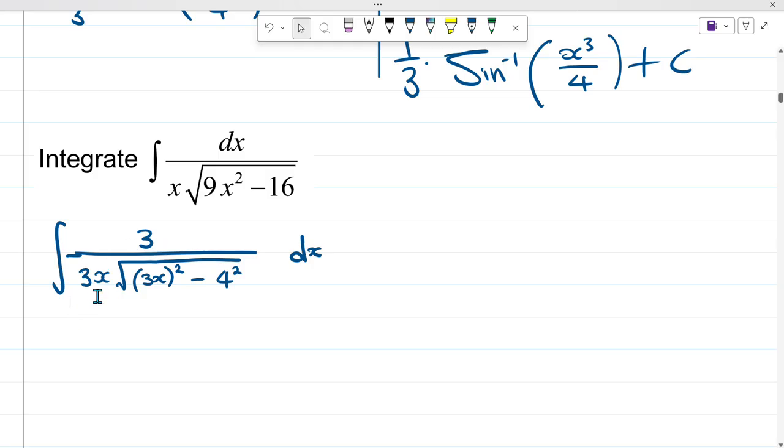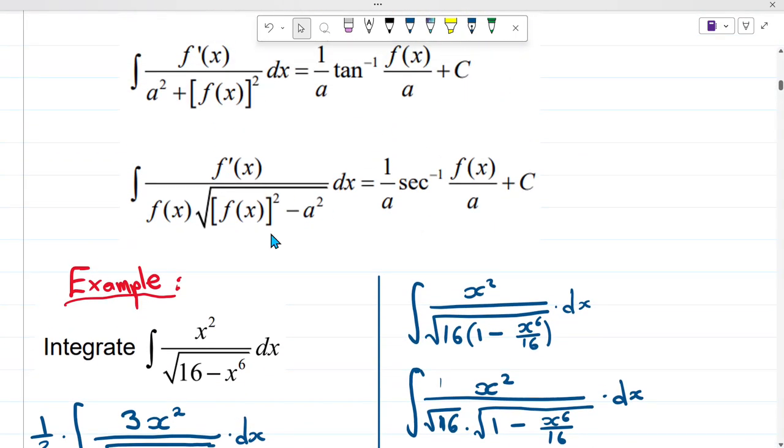On top of that, I can make use of them, because now I have 3x squared, and I have 3 here, which is the derivative of this, and I also have my a.